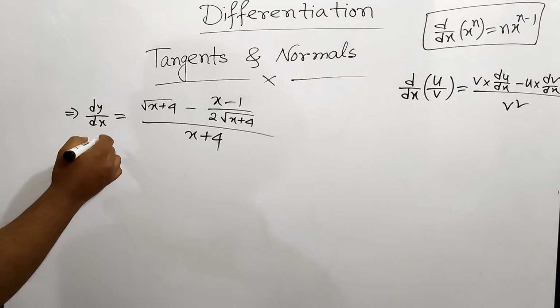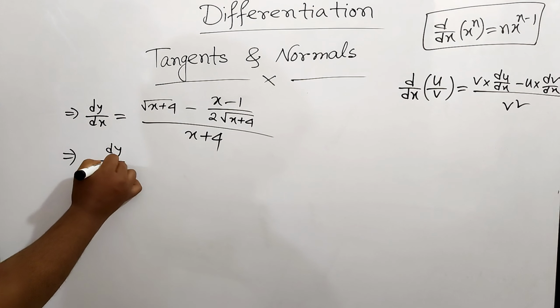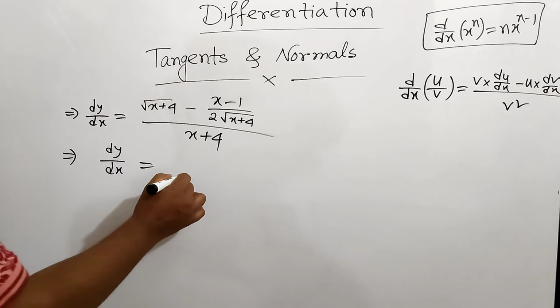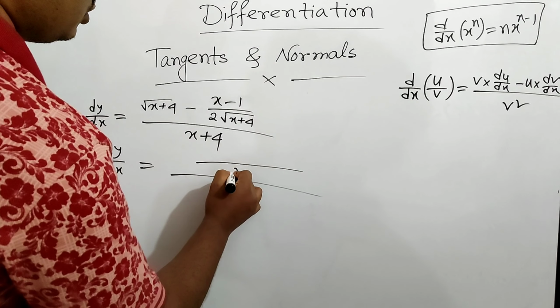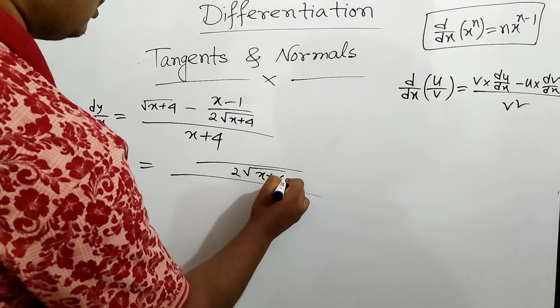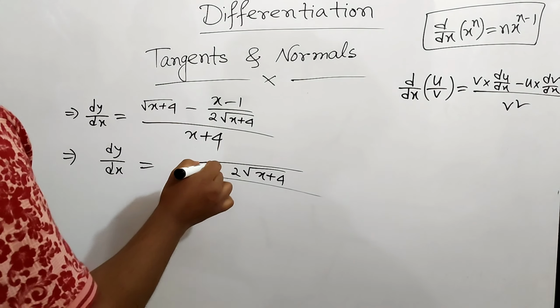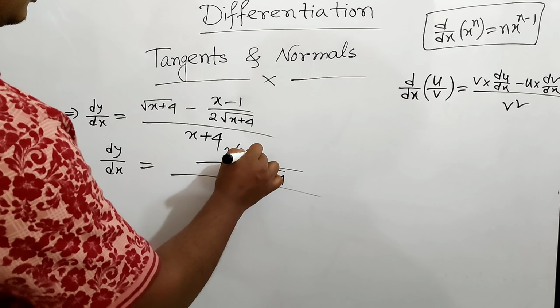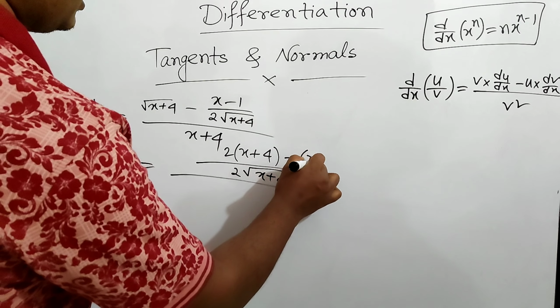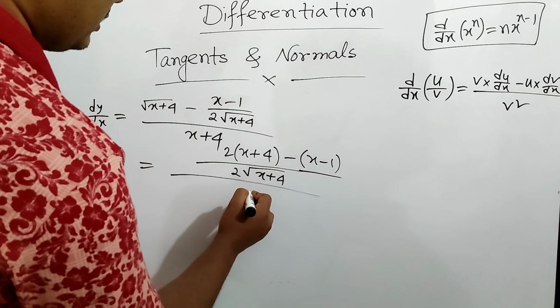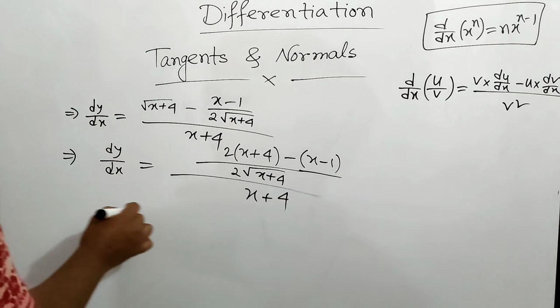So now dy over dx, if you do the LCM of the numerator, it should be 2 root over x plus 4, and then if you do the multiplication, it should be 2 multiplied by x plus 4 negative x negative 1, and the denominator is x plus 4.